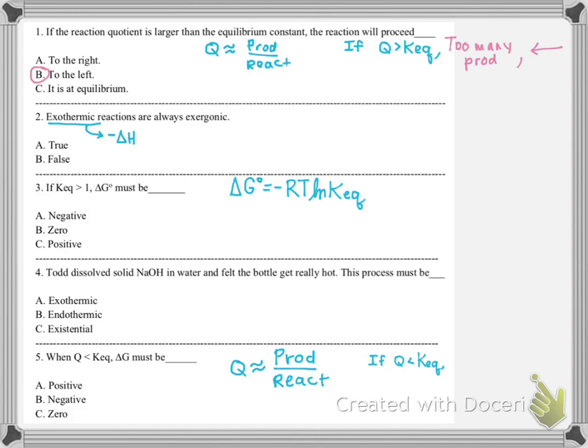For number 2, it says exothermic reactions are always exergonic. Exothermic is our negative delta H, and exergonic is our negative delta G. We can relate delta G and delta H together with our favorite thermodynamics equation.